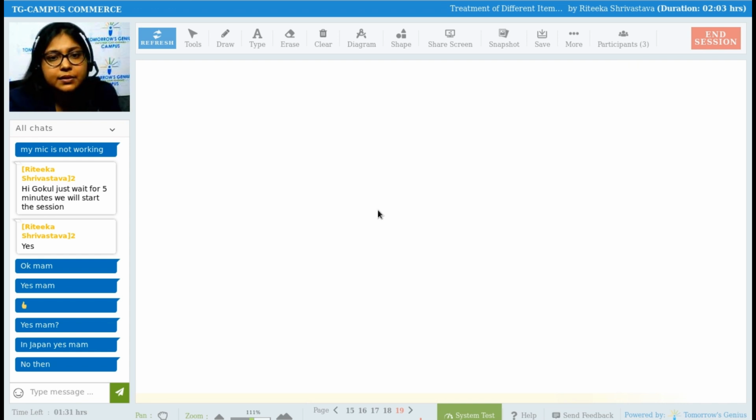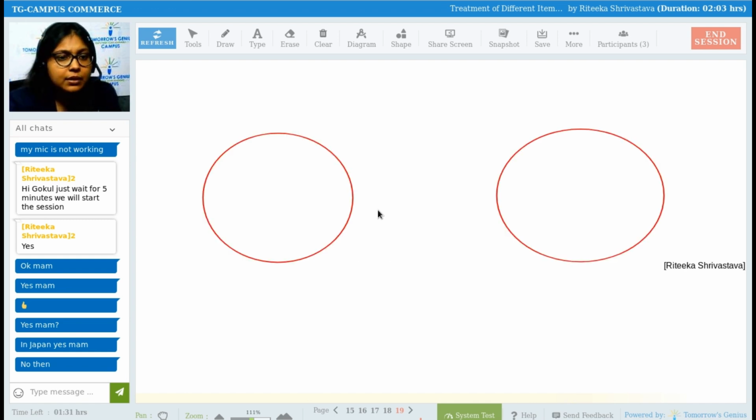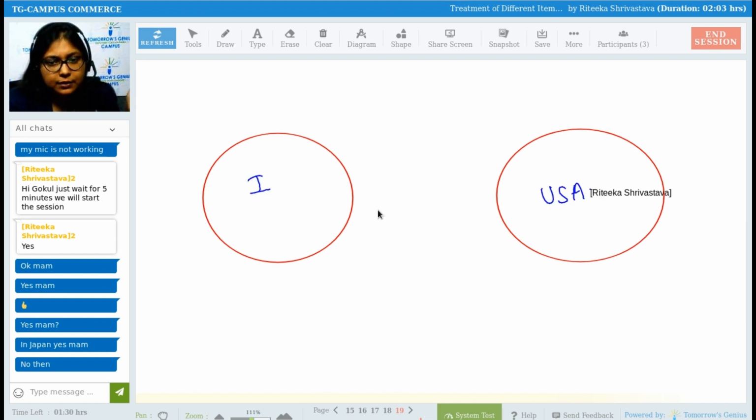Domestic income means what? See, there are two countries. This is India. This is USA. The red boundary of this area is the domestic territory of India. The red boundary of this is the domestic territory of USA. Now say suppose there is one Indian company. Oh my god, pathetic drawing I have, so don't go on my drawing.